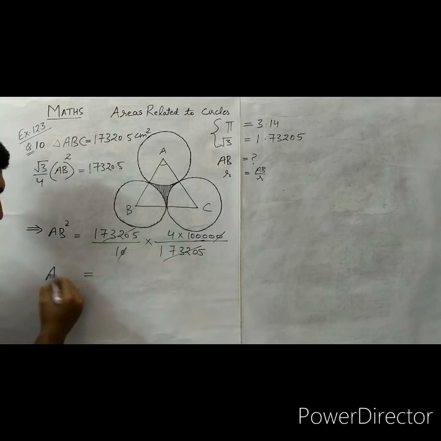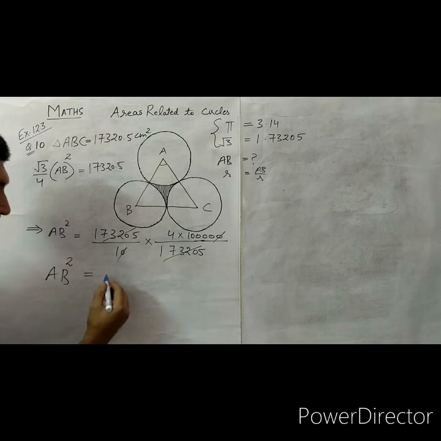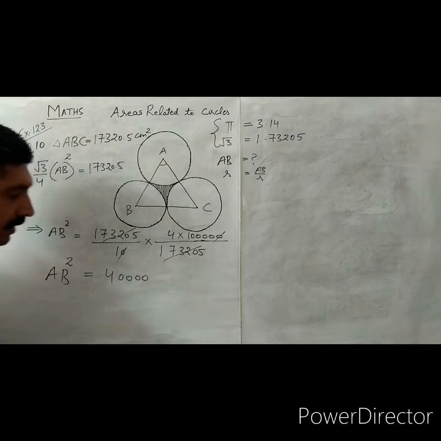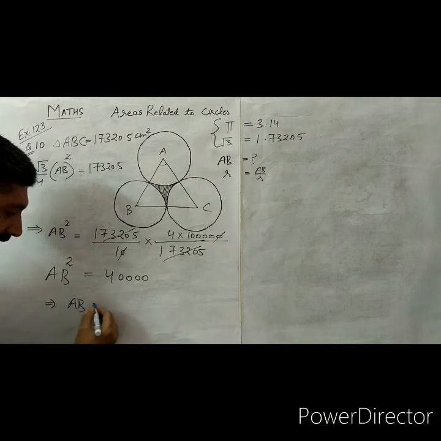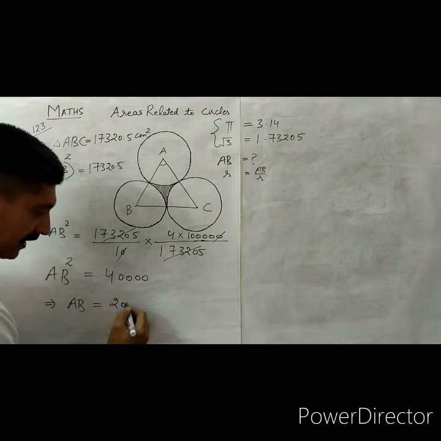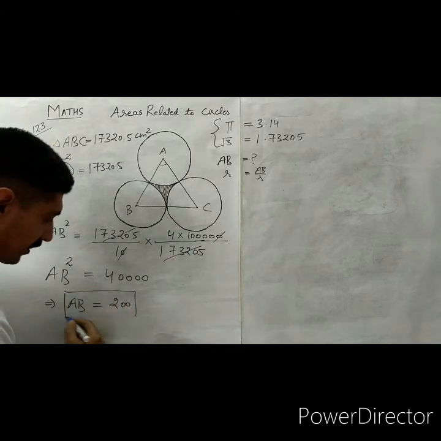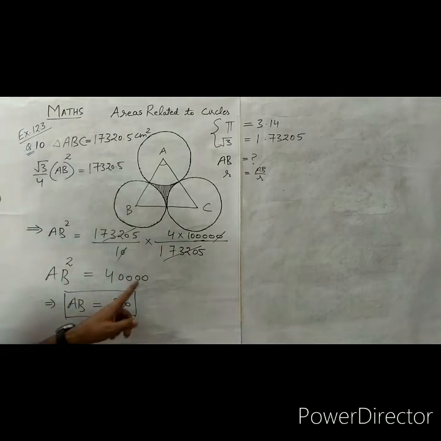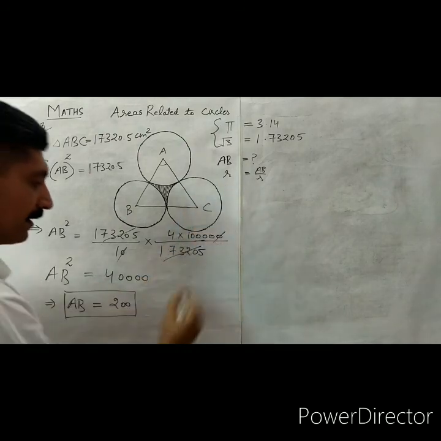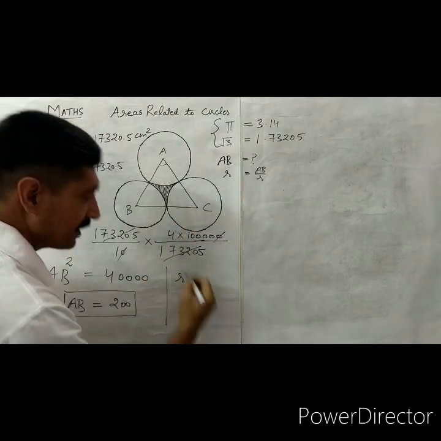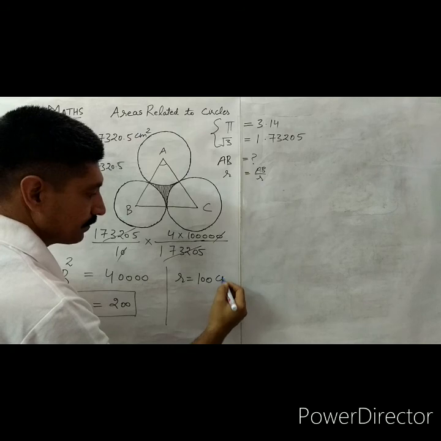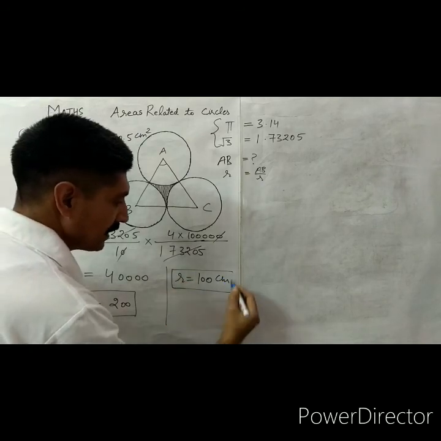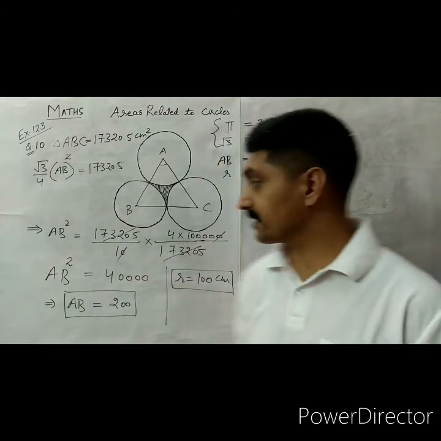So AB whole square is equal to 40,000. Taking square root on both sides, AB, the side of the triangle, is 200, since 200 into 200 is 40,000. So the radius R of these three circles is 100 centimeter.